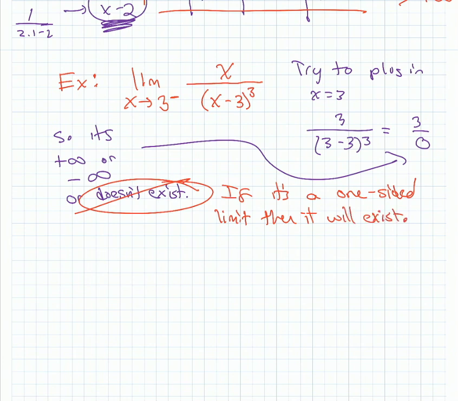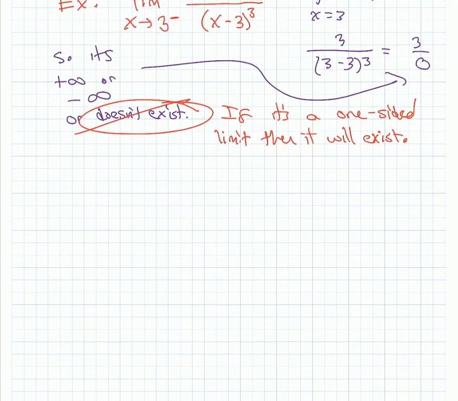If it's a two-sided limit, then maybe it doesn't exist. This is a limit from the left, that's what the minus here indicates, so it does exist. We know it's plus infinity or minus infinity, so the only question is, which is it?